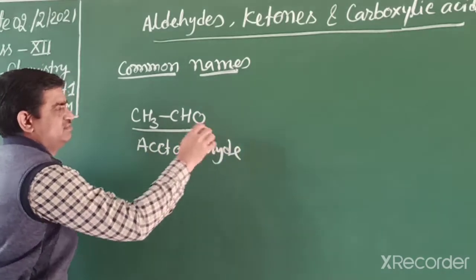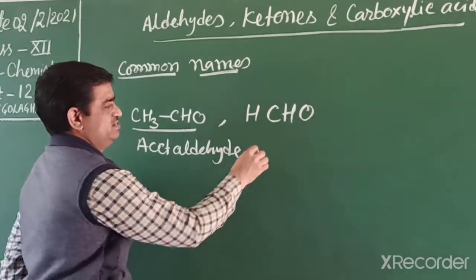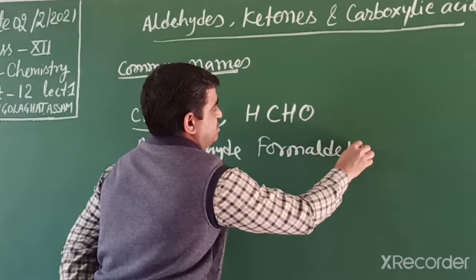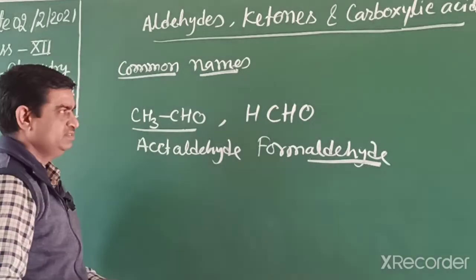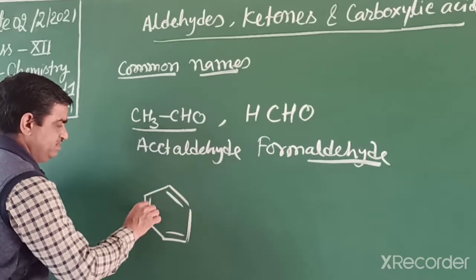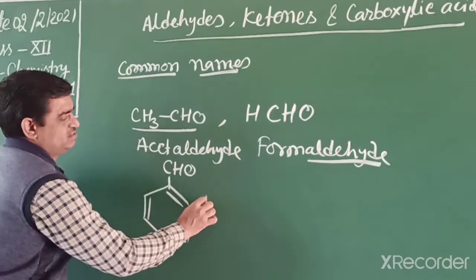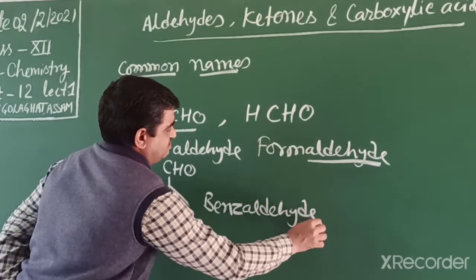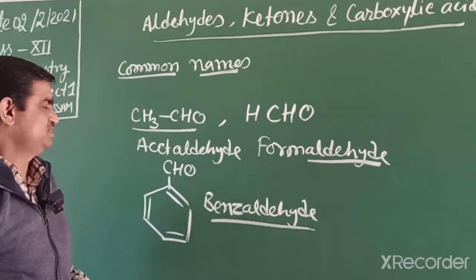The other one, HCHO, is formaldehyde. Another one has a benzene ring with a CHO side group; its name is benzaldehyde. These are common names, but the common name is also accepted by IUPAC.